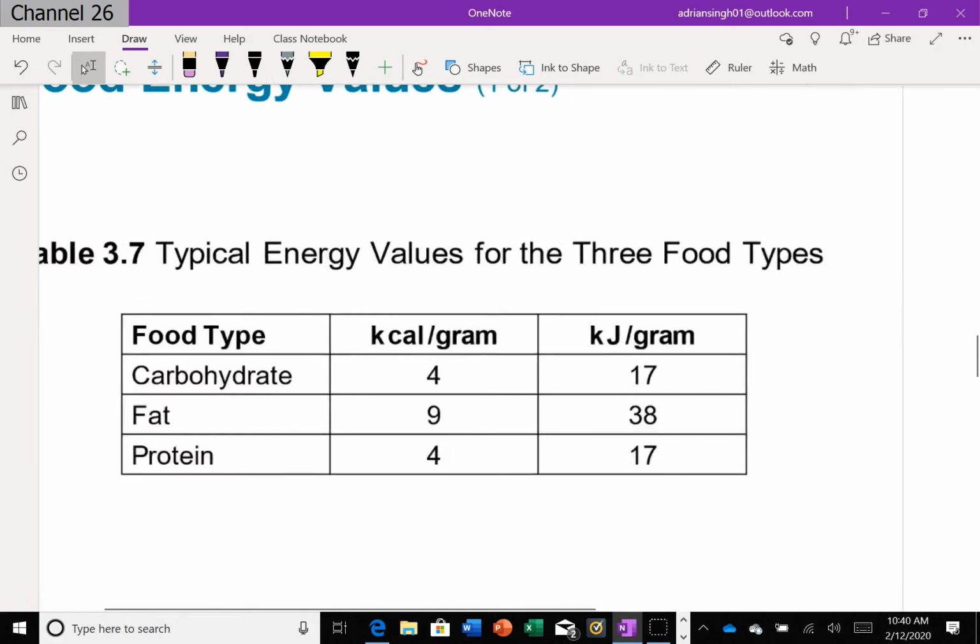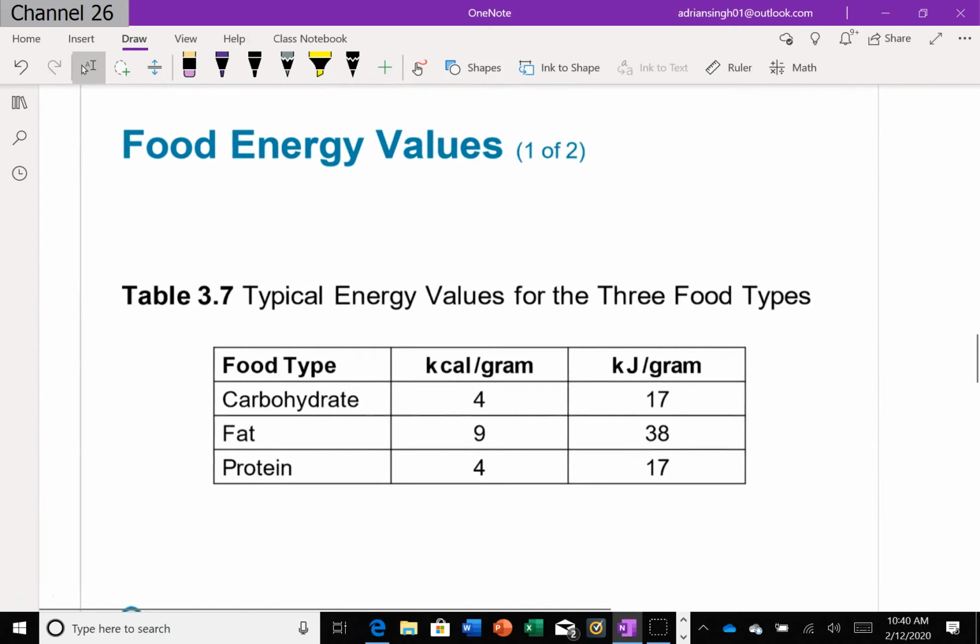So as you probably know, different types of foods have different amounts of energy associated with them. So for instance, sugars or carbohydrates produce about 4 kilocalories of energy per gram of sugar that you burn.